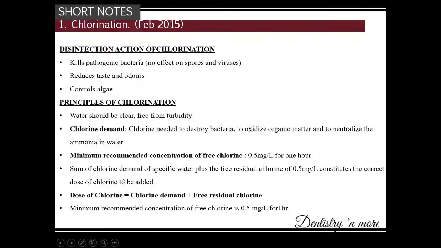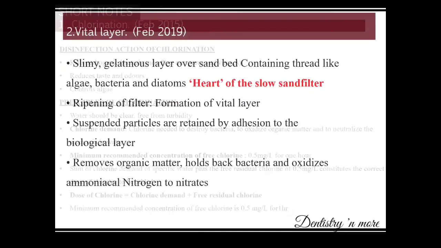So the sum of the chlorine demand of the specific water plus this 0.5 constitutes the correct dose of chlorine to be added. We first need to find out the chlorine demand, that is breakpoint chlorination. Then on top of that we add this 0.5 milligram per liter. That is how we decide the dose of chlorine.